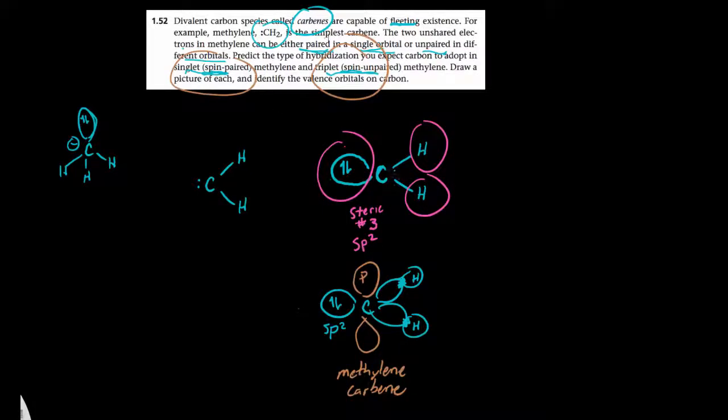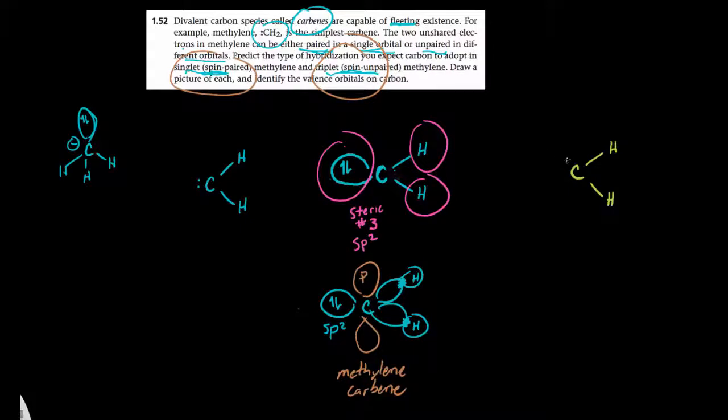What about the triplet form? Well, that means that if these spins are not paired, they have to be in different orbitals, right? So let's draw this in a different color here. So if we have this hydrogen and this hydrogen, it's still the same number of atoms and the same molecular formula, CH2, but what's going on with the electrons? If they're unpaired, by the Pauli exclusion principle, they are in different orbitals.